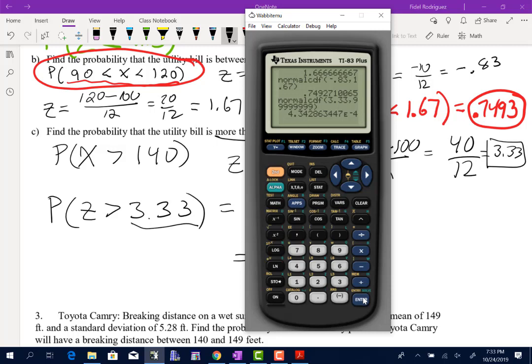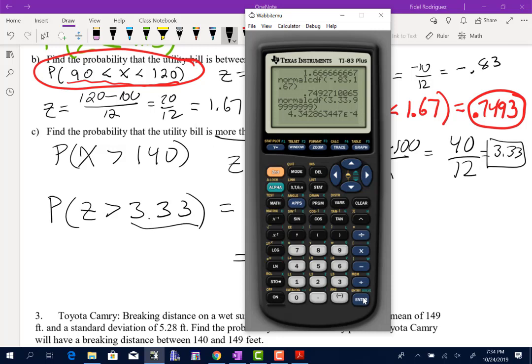Okay, so guys, if you are, just to give you a heads up, what this e to the -4 means is, I'm going to write what we have so far, 4.342. Okay, so 4.34. How it has that -4, all that means is I'm going to move my decimal point 4 spaces to the left, right?